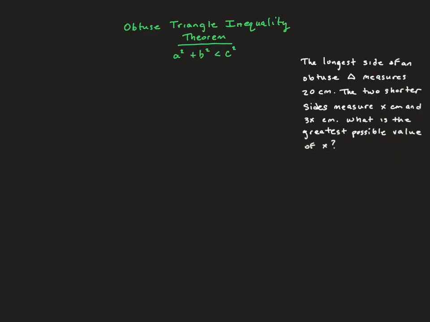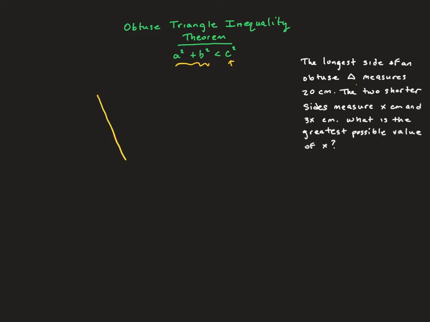When we use the obtuse inequality, we're saying that the longest side is going to overpower the two shorter sides. So when the two shorter sides squared are less than that other one squared. It says the longest side of an obtuse triangle measures 20 centimeters.